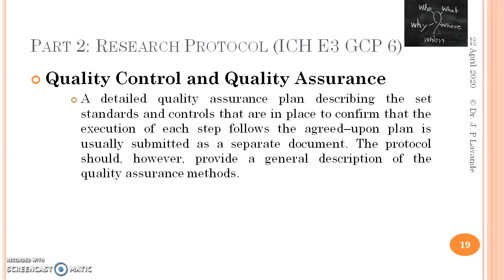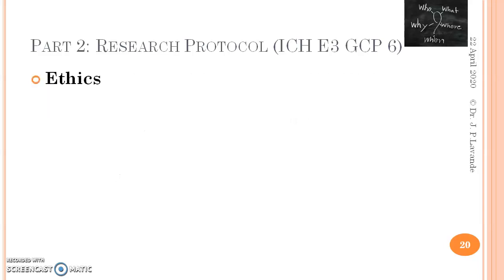A detailed quality assurance plan describing the set of standards and controls that are in place to confirm that the execution of each step follows the agreed upon plan is usually submitted as a separate document. The protocol should, however, provide a general description of the quality assurance methods.